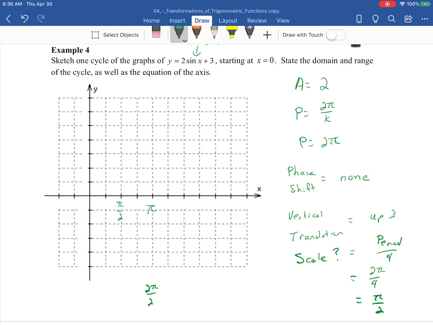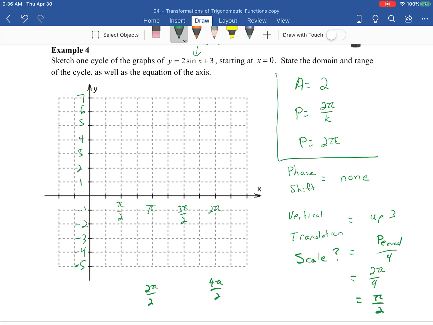As you get better at them, maybe you don't need to write them down, but 2 pi over 2 is just pi. The next one will be 3 pi over 2, because I'm counting by pi over 2s. And the next one will be 4 pi over 2, which reduces down to 2 pi. For the vertical scale, I'm just going to go 1, 2, 3, 4, 5, 6, 7, and -1, -2, -3, -4, -5, just something like that. That'll handle both the amplitude of 2 and the fact that I've got to vertically translate things up 3.